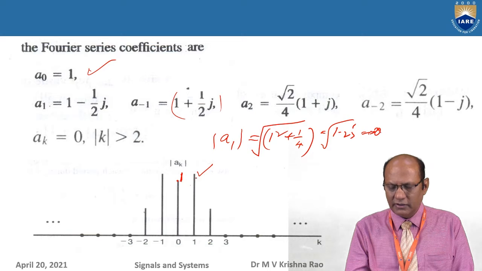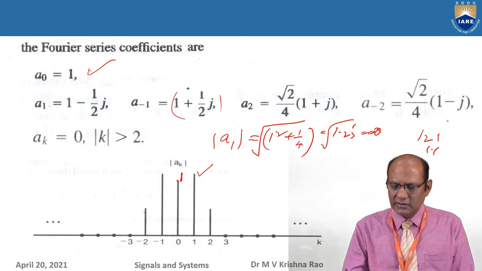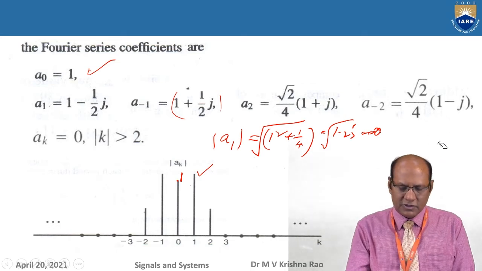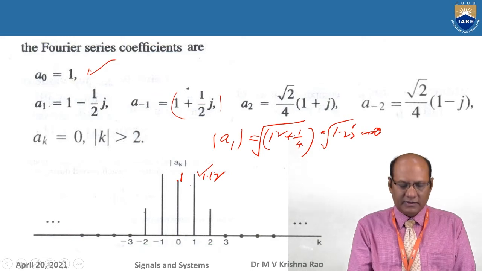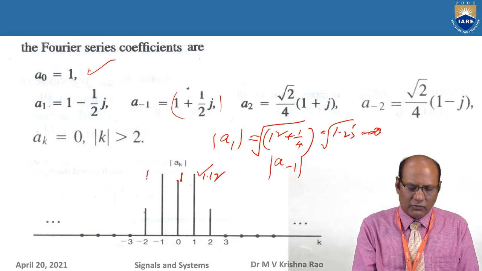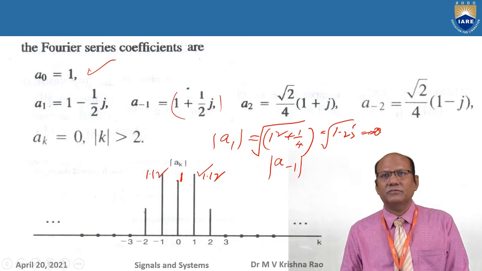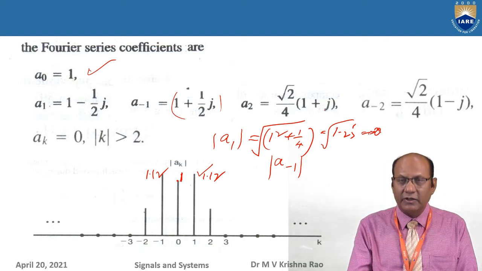The square root of 1.21 is 1.1, so it is approximately 1.12 something like that. This side also, the magnitude of A minus 1, I have 1.12 something like that.